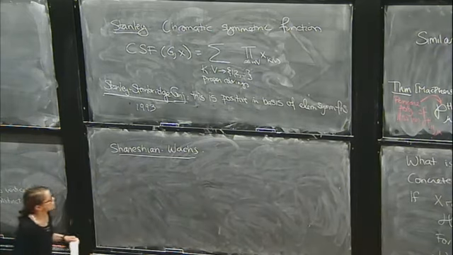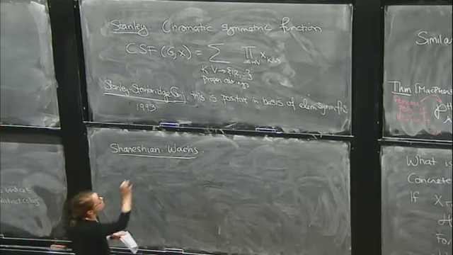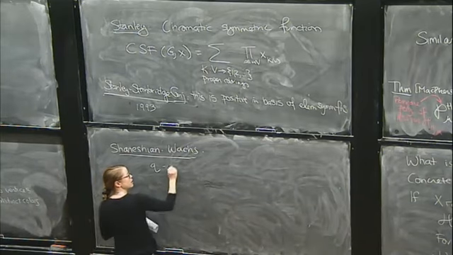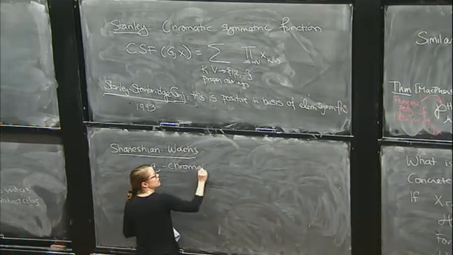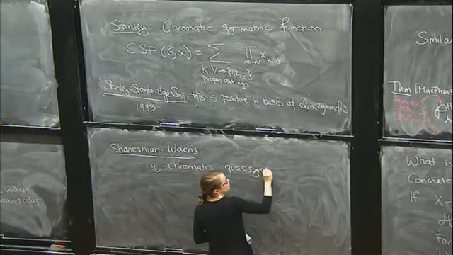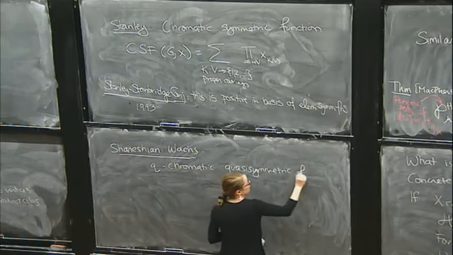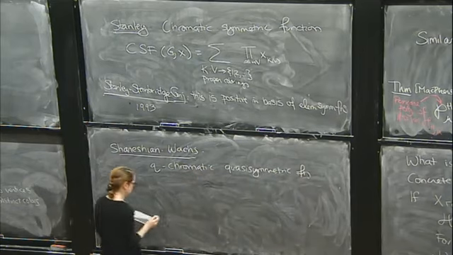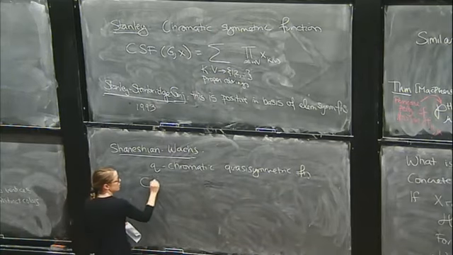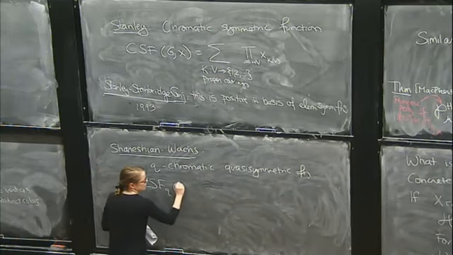So more recently, Shareshian and Wachs came up with something that modifies this just a little bit more. They call it the q-chromatic quasisymmetric function. It is no longer symmetric; we're going to break some of the symmetry, because we're going to keep track of certain kinds of ascents.